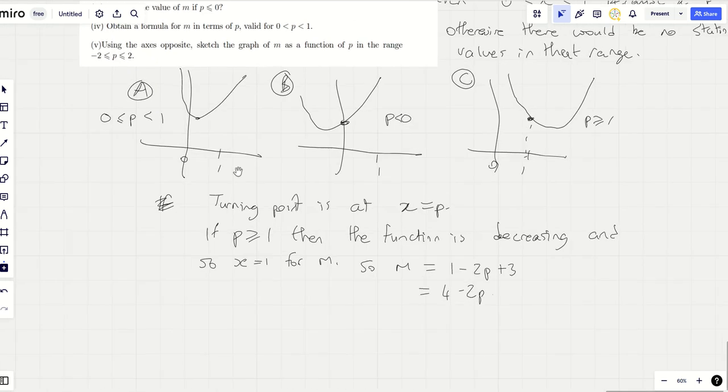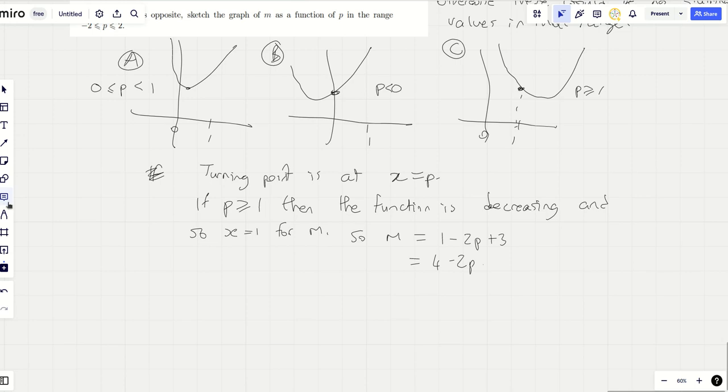Okay, what is the value of m if p is less than or equal to 0? So if p is less than or equal to 0, then the function is increasing. Yeah, this is part 2. So now our function is increasing.